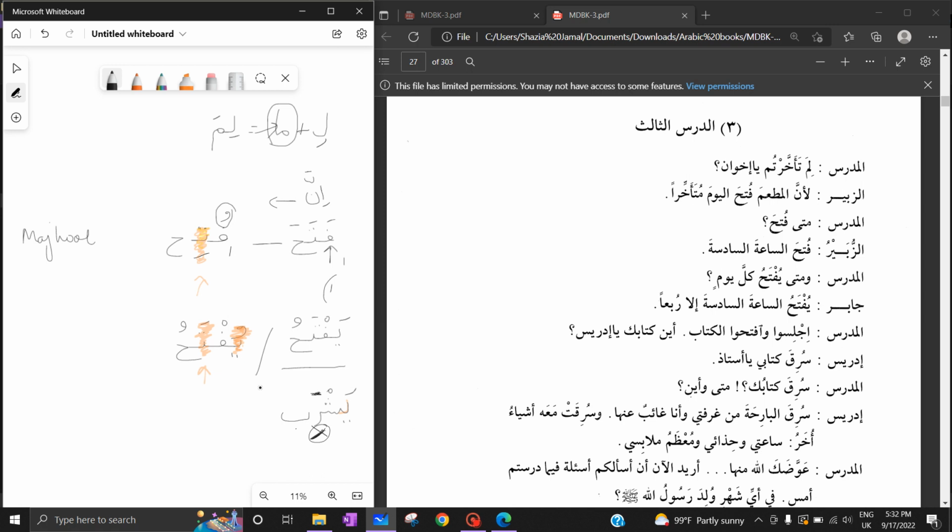So for majhul in present tense, firstly, the first letter, the harf mudara'a, gets a dhamma. Secondly, the second last letter will get a fatha. So this is the rule to make present tense into majhul.